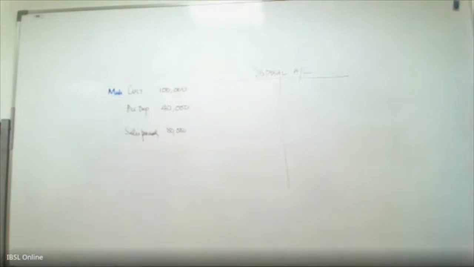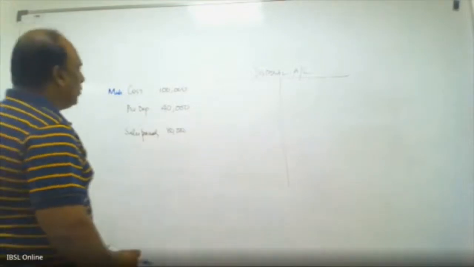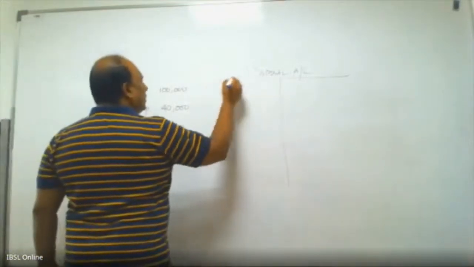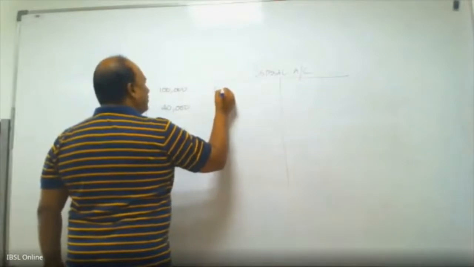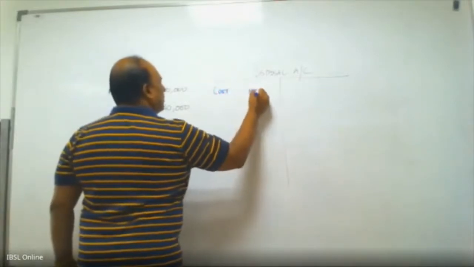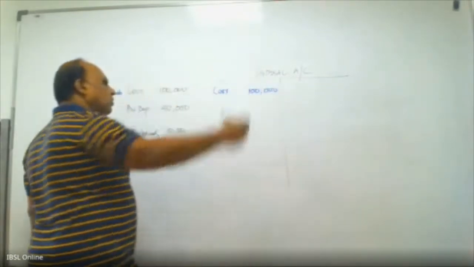You have to always talk about the debit, right? Remember that. Even when you are answering or writing something, it has to be always the debit first, right? So what will you do? You will debit the disposal account for the cost, 100,000. And you will remove the cost from the asset, right? That is number one. Number two.